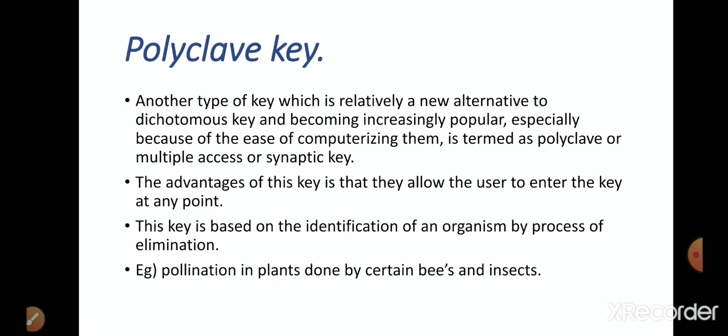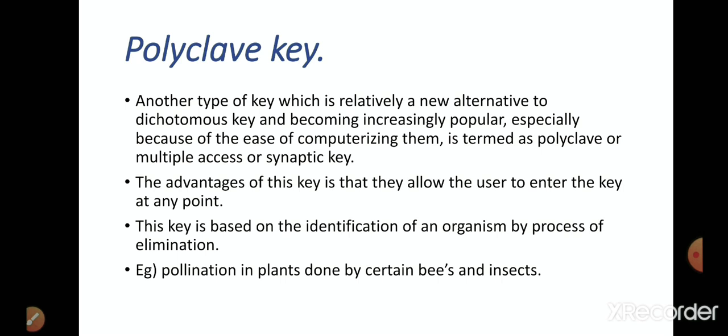This polyclave is also found in written form. In a written polyclave key there is a series of character statements, and each statement is followed by a number or code for the species that possess that feature. By using these numbers and codes for species, we can easily identify the unknown organism.